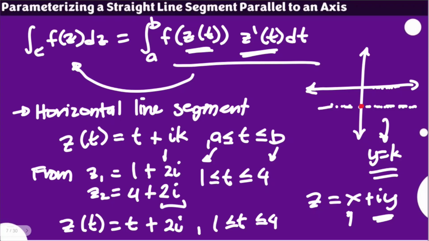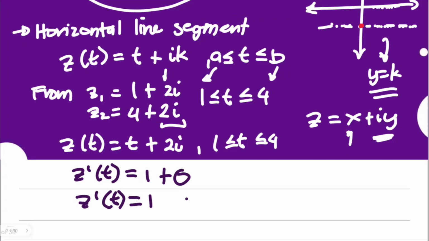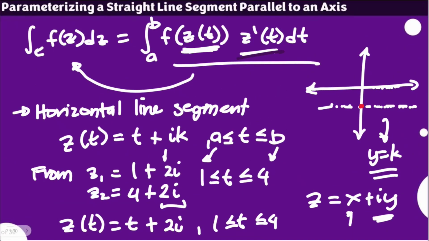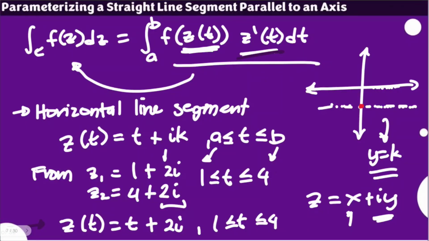We need to plug this in here, and of course its first derivative with respect to t. Treating all terms without t as constant, the derivative of t is 1, plus the derivative of 2i with respect to t is 0, which gives us 1. This is your z prime of t. So this is what you're going to plug in here. And this value for your z(t) will be substituted into whatever your function is.